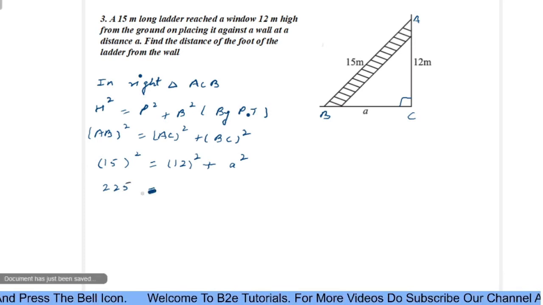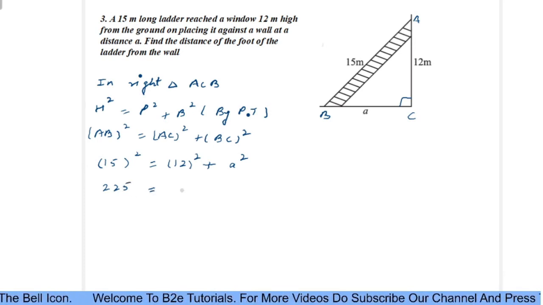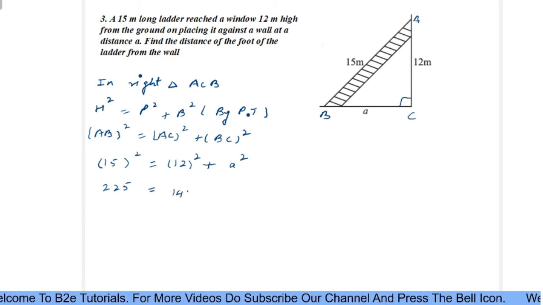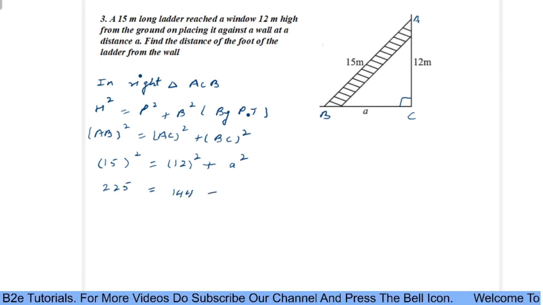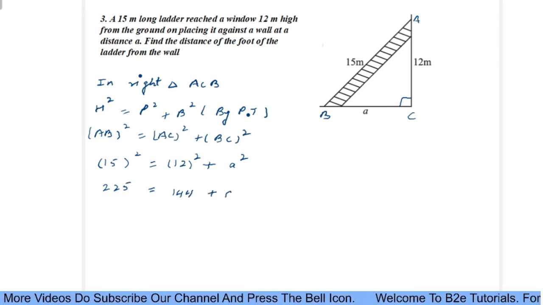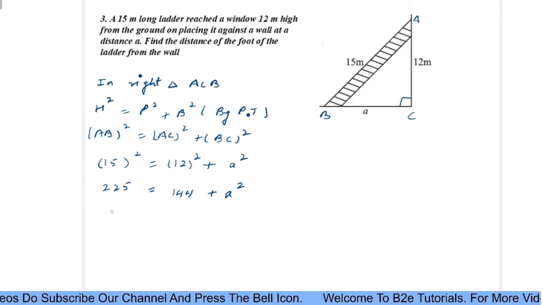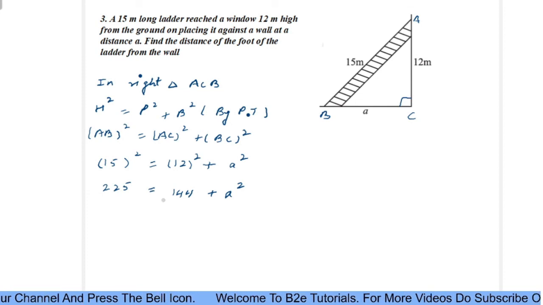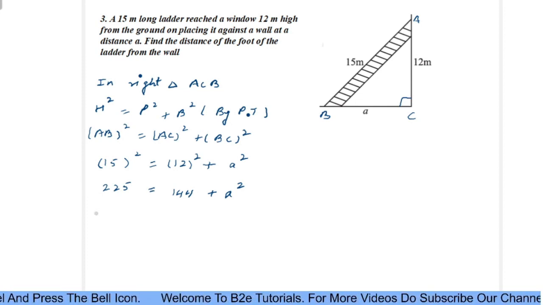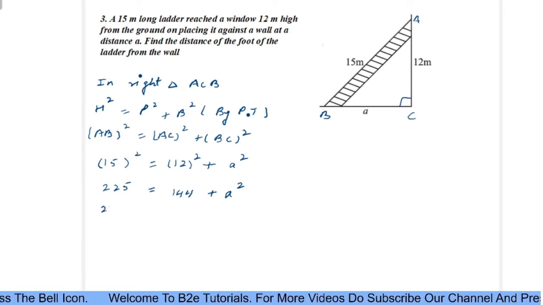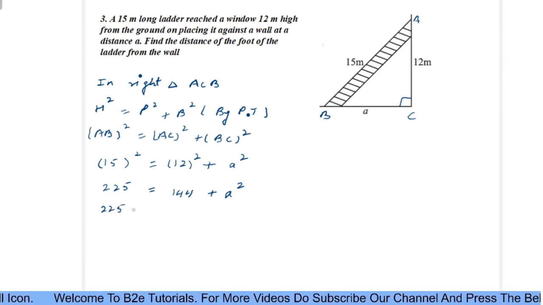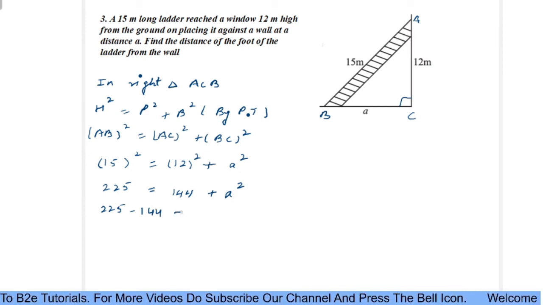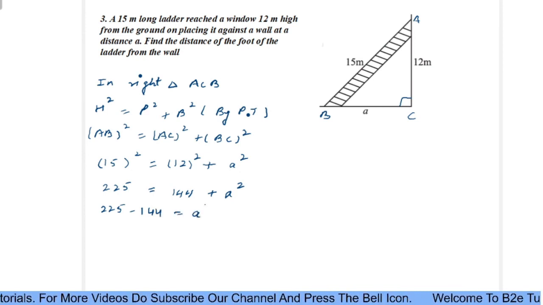equal to 12 is square, it is 144 plus E square. Now bring 144 on left hand side. This can be written as 225 minus 144 equal to E square.